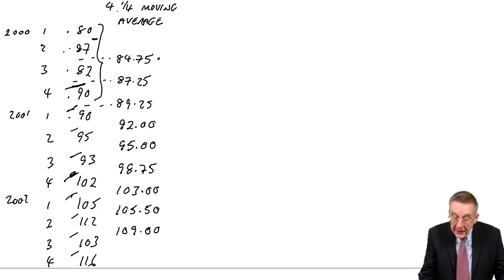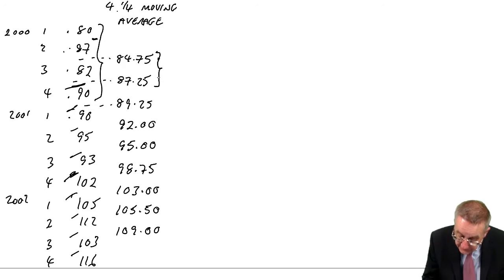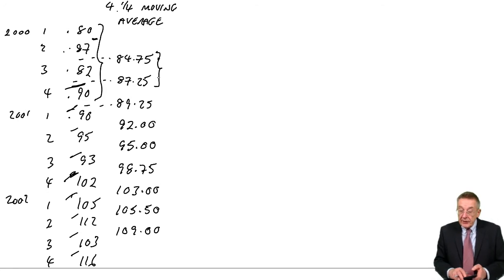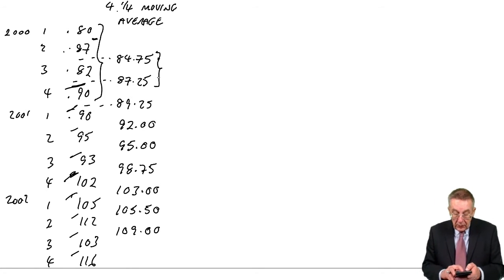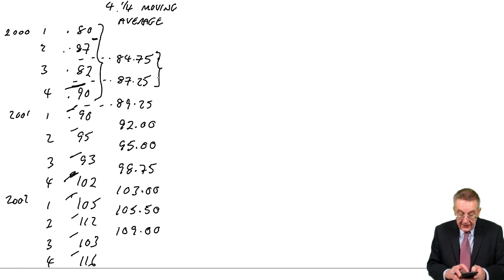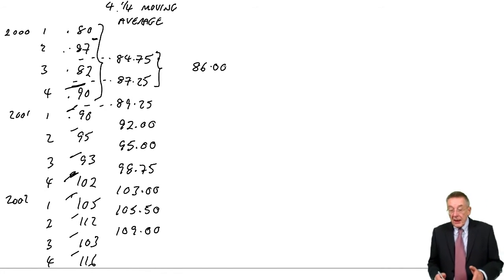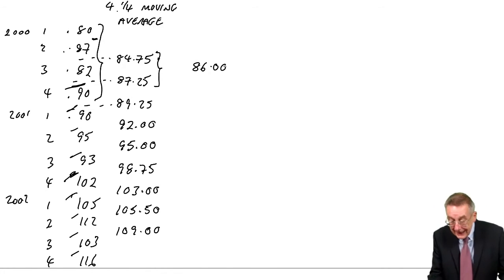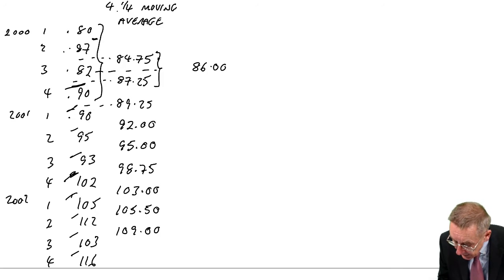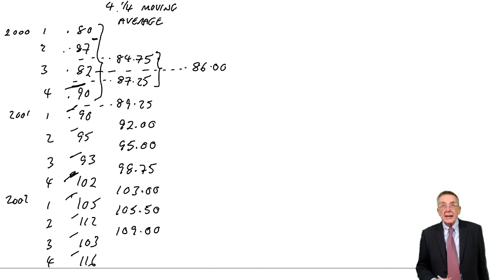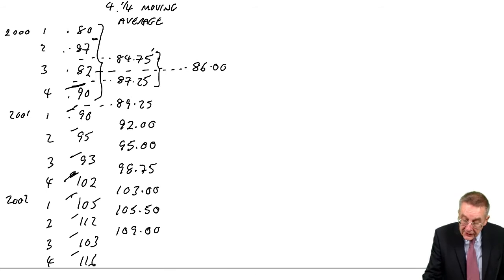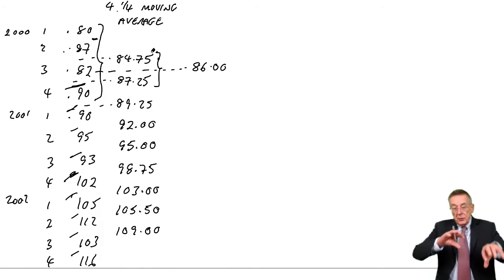And so to be able to have something we could compare with the actual sales in a quarter, we need to average them again. You see, if I take the average of those two, 84.75 plus 87.25 divided by 2, I get 86. Well, if you think about it, that coincides with quarter 3, because that first average was part quarter 2, part quarter 3.